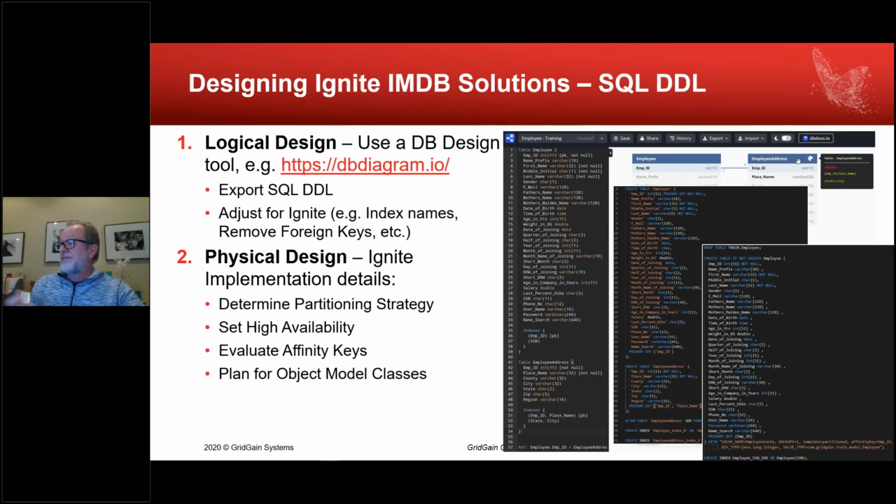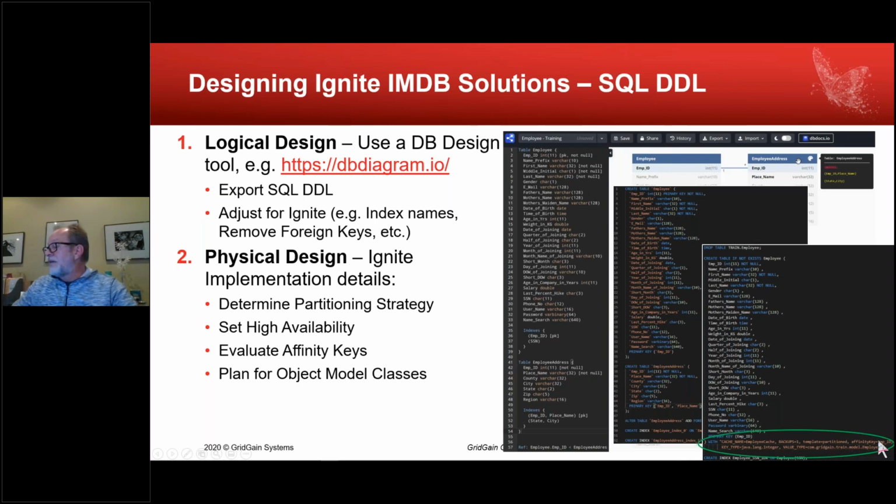So this might be something that you do where, in addition to your adjusted DDLs, you might want to add this WITH clause here so that you specify, I like to name my caches a certain way. I like to have a backup of 1, so I've got high availability turned on. This particular table is going to be partitioned.